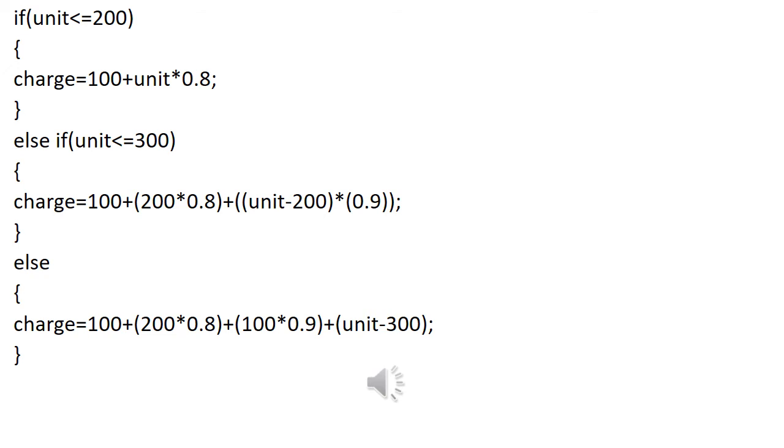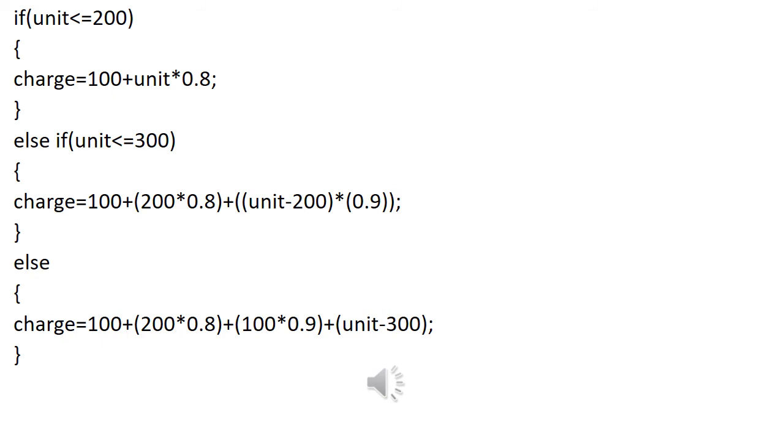Now the two cases are over. If these two cases are not true, then obviously the user has consumed more than 300 units. If the user has consumed more than 300, then the first 200 I have to charge at 80 paisa, the next 100 at 90 paisa, and whatever remains at 1 rupee. That is the calculation shown here. So the first 200 is 200 into 0.8, plus the next 100 is 100 into 0.9, plus the remaining after 300 units.